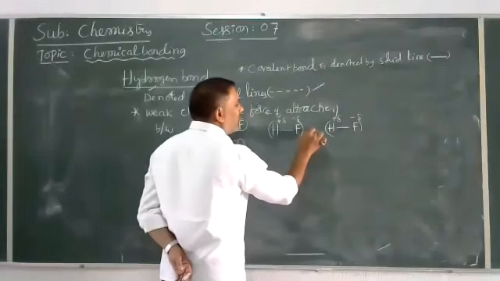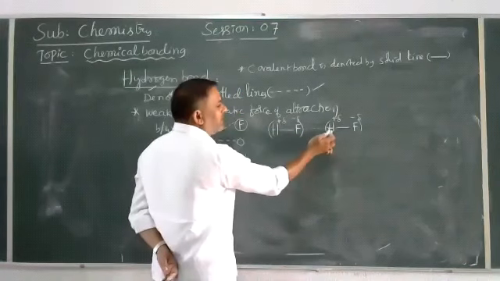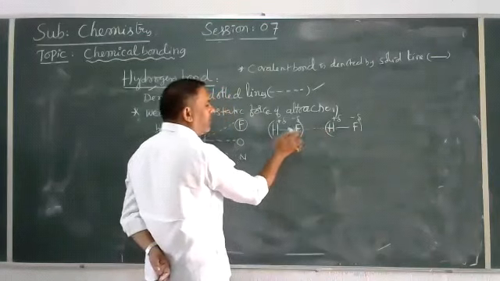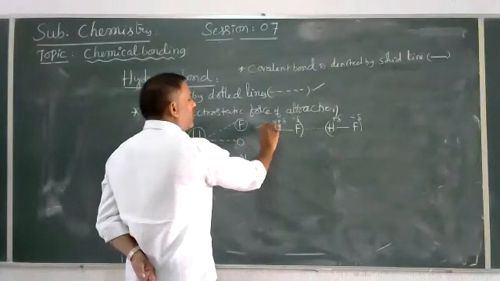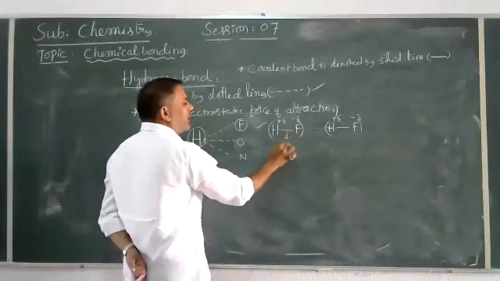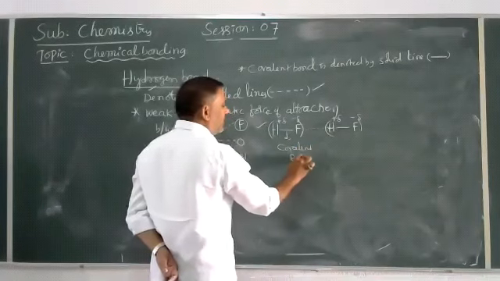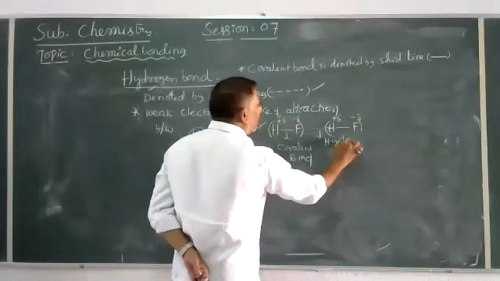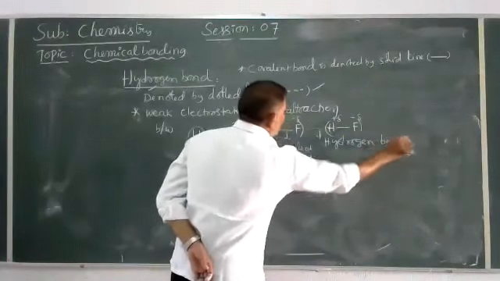There exists one weak electrostatic force of attraction between electropositive hydrogen and electronegative fluorine, oxygen, and nitrogen. That is called a hydrogen bond. This is a covalent bond, and this is a hydrogen bond. That hydrogen bond is denoted by dotted lines.